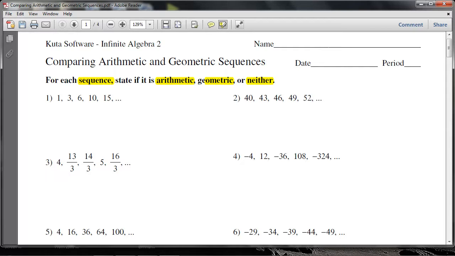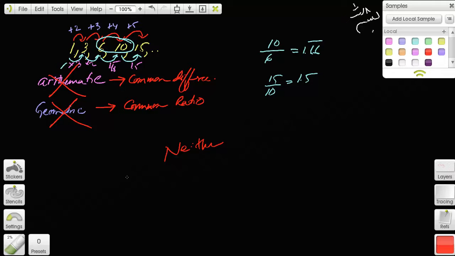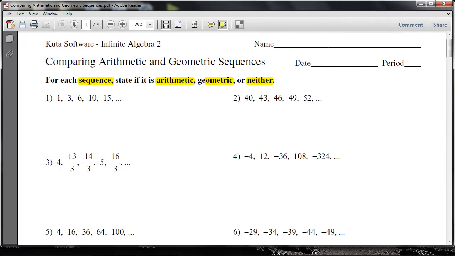Okay, so let's do this one: 13 over 3, 14 over 3, 5, 16 over 3. My goodness.